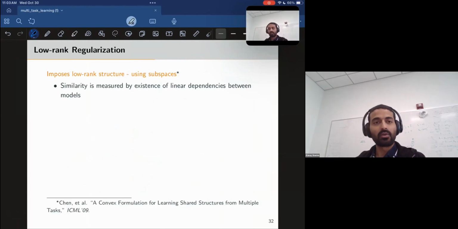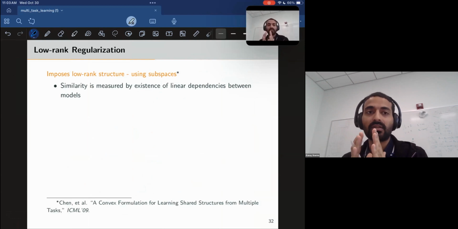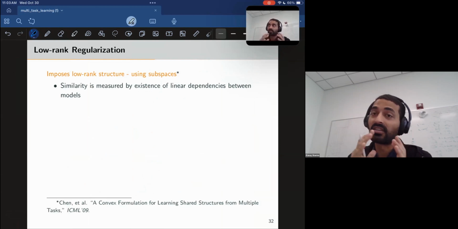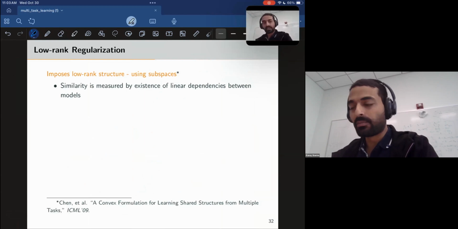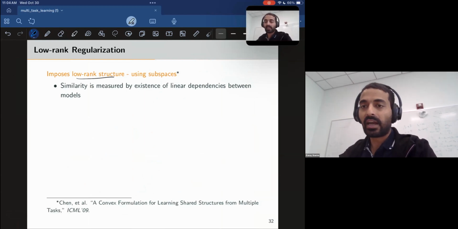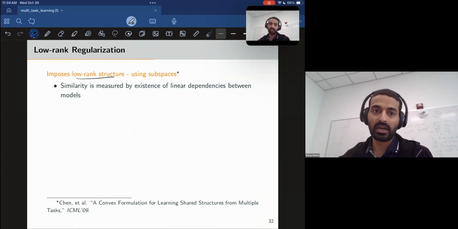So what about the following? Rather than enforcing the models to be close to each other, we try to find some algebraic structure or some geometric structure between the different models, right? One idea is that different models share some low rank structure, and we can enforce this low rank structure in a number of ways.